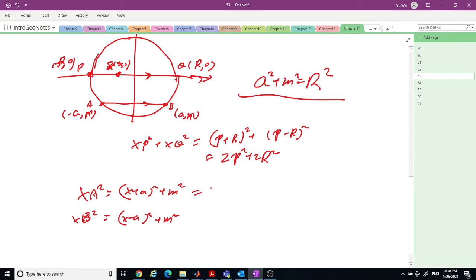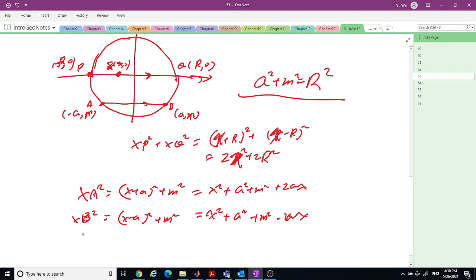Okay, now let's calculate XA square, which is equal to (P plus A) bracket square plus M square. Then XB square is equal to (P minus A) bracket square plus M square. So it's equal to P square plus A square plus M square plus 2AP. Oh, I'm sorry, this is P. Okay, I changed the variable. Then XB will be P square plus A square plus M square minus 2AP.